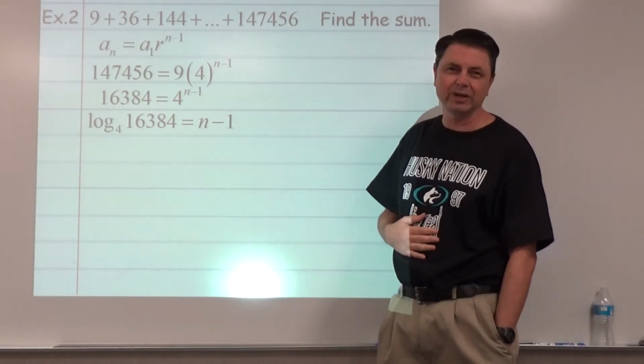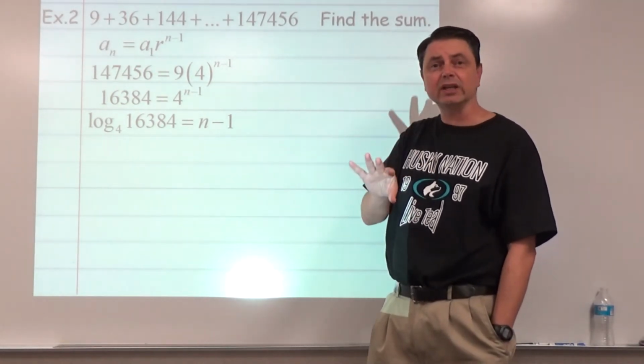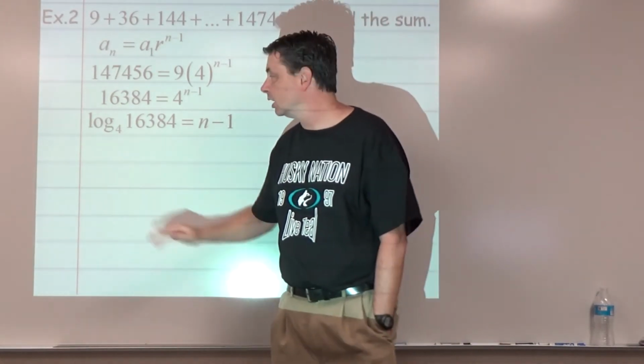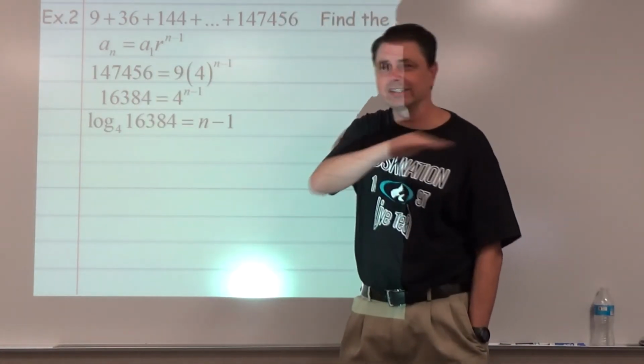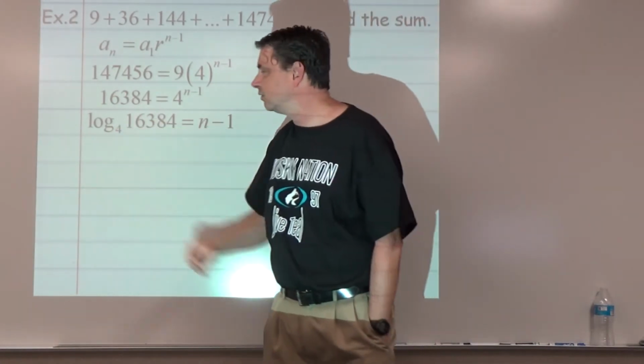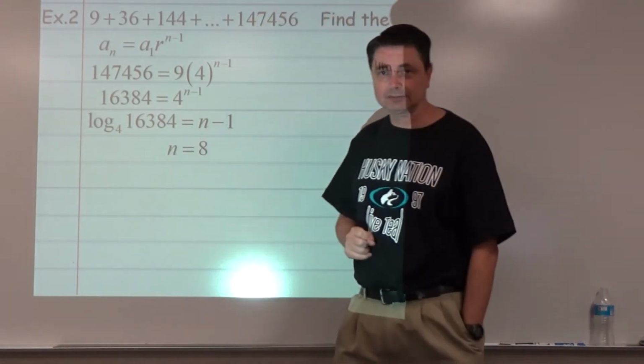I don't know that we would necessarily know that one off the top of our head. So if we're going to do this with a calculator, that's the change of base formula. Log 16,384 divided by log 4. And that's going to say 7.